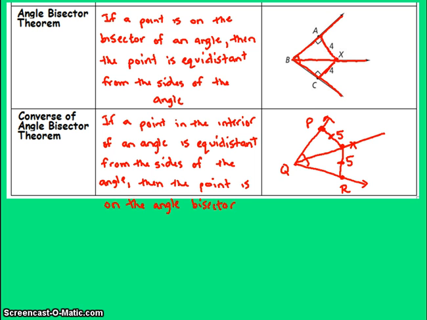Now again, I want you to know we were talking about the distance from a point to this side over here, so a right angle would be formed here and a right angle would be formed here. So again, if a point on the inside of an angle is equidistant from each side, then the point is on the angle bisector.